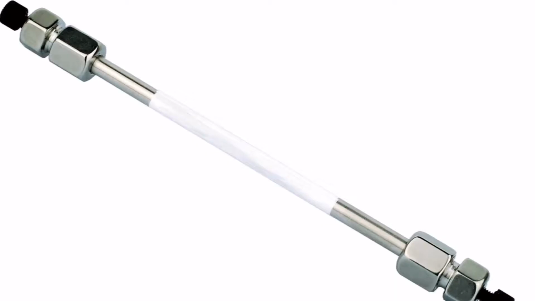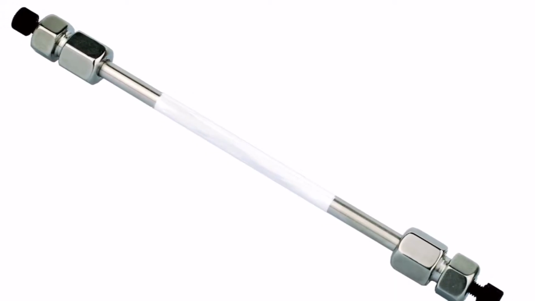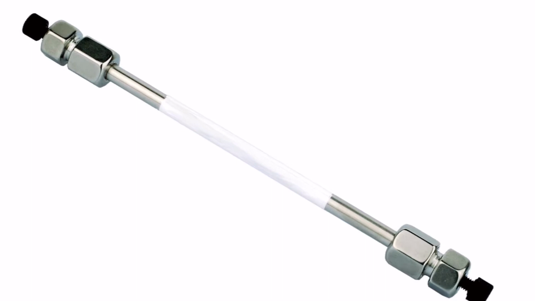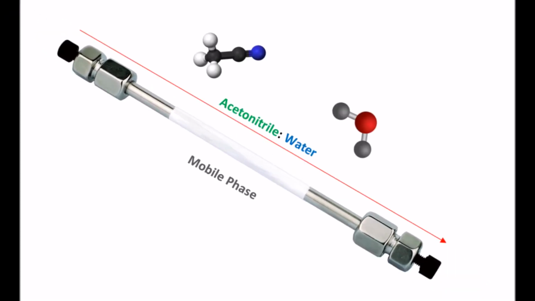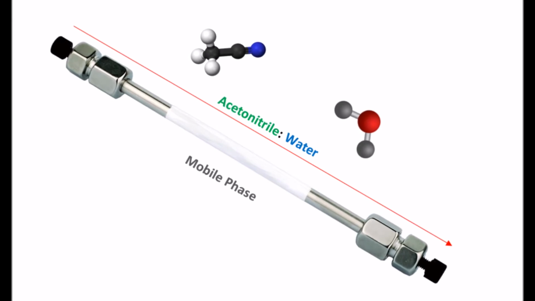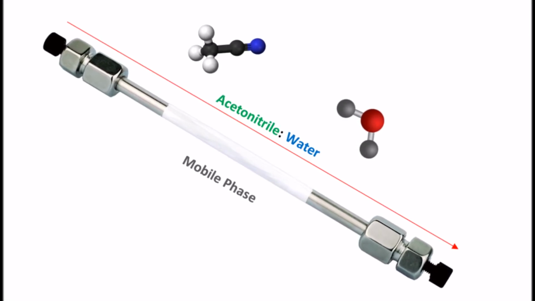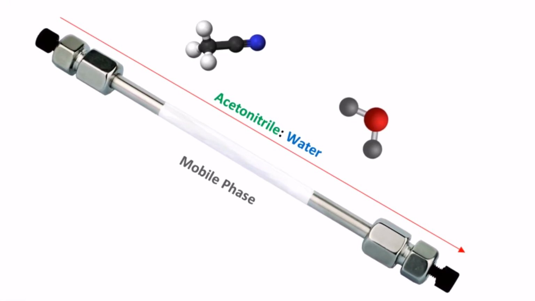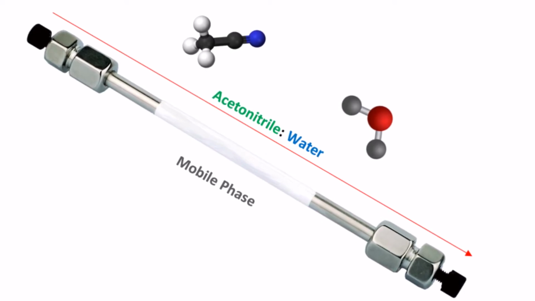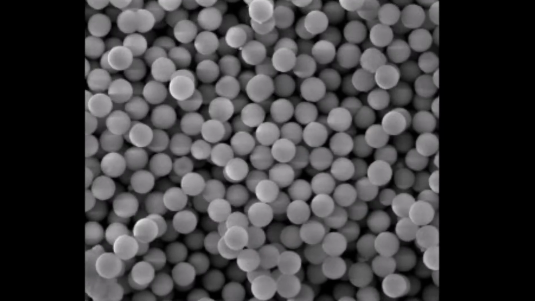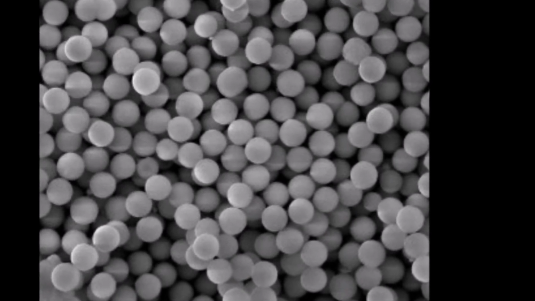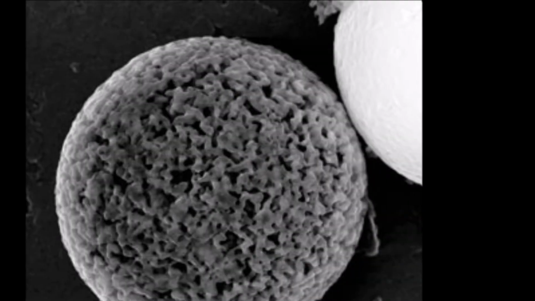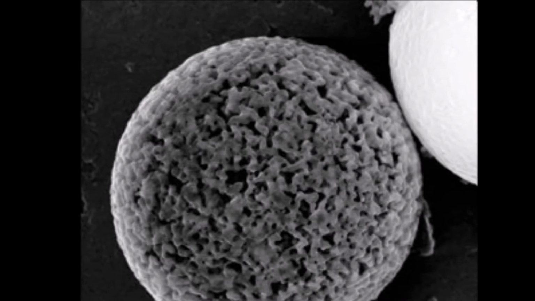The stationary phase used for the separation of the analytes in the sample was a C18 reverse high-performance liquid chromatography column. The mobile phase consisted of a mixture of acetonitrile and water. The acetonitrile acted as a solvent for the organic compounds, whereas the water acted as a polar eluent. The internal structure of the column acts as the stationary phase, consisting of a tightly packed lattice of micron-sized porous silica particles.